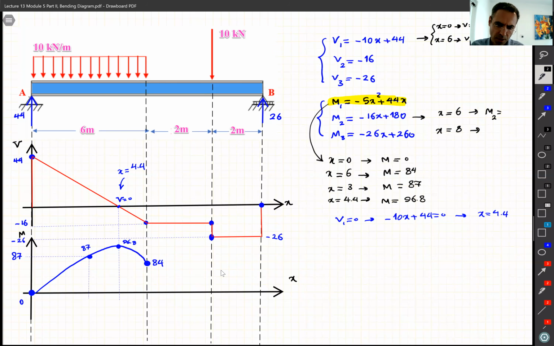16 multiplied by 6 plus 180, this gives me 84. And when x is equal to 8, let's try that one. It gives me 52.